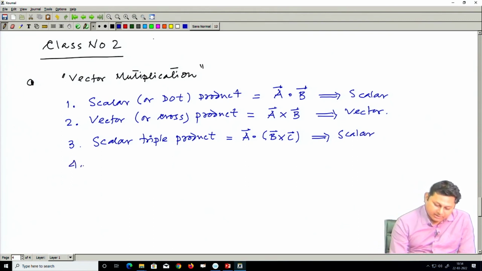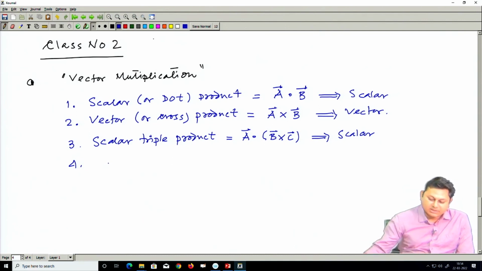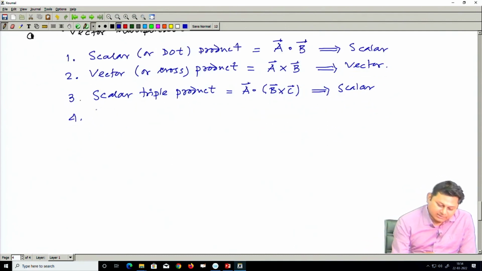And finally, another kind of vector multiplication one can think of, and that is the vector triple product.